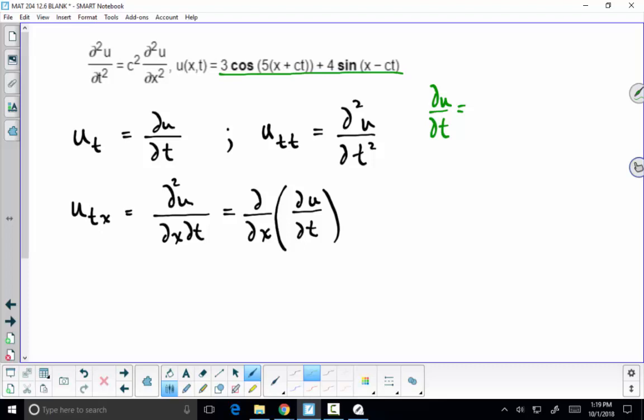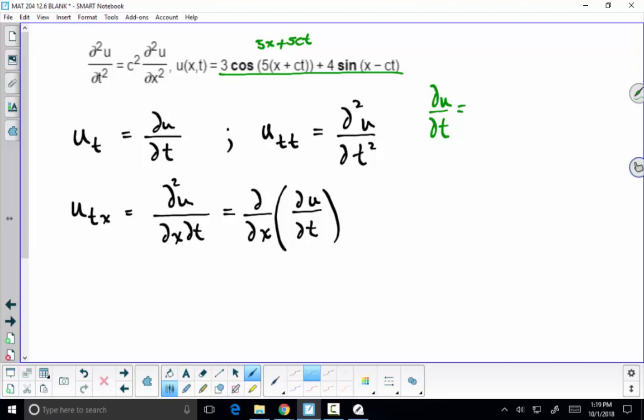Because that x is constant with respect to t, but that 5 distributes, so on the inside we have 5x plus 5c times t. So the partial of the inside with respect to t is 5c.